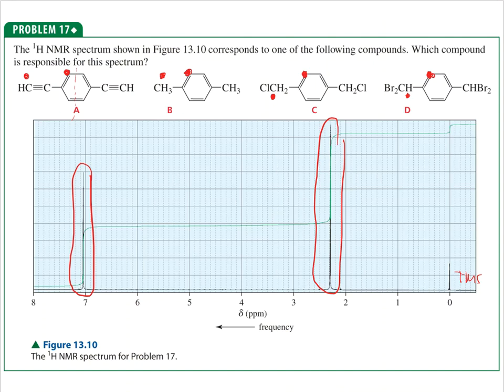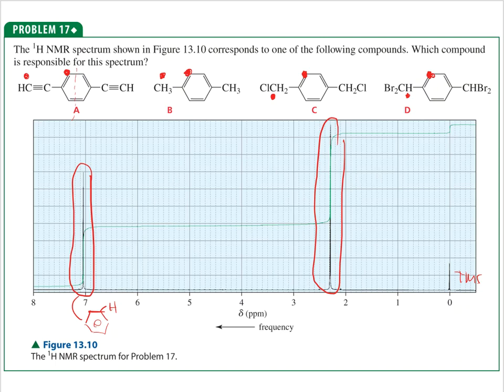Because this signal, if that is what that is, it is a benzene ring with a hydrogen on it. Well, that one had a hydrogen on the benzene. This one had a hydrogen on the benzene. That one had a hydrogen on the benzene. And this one had a hydrogen on the benzene. So actually, they all would probably show a signal at 7. And that's going to be very difficult for me to see the difference between those four compounds at the top, because they all would bring to the table that 7 point something, okay?